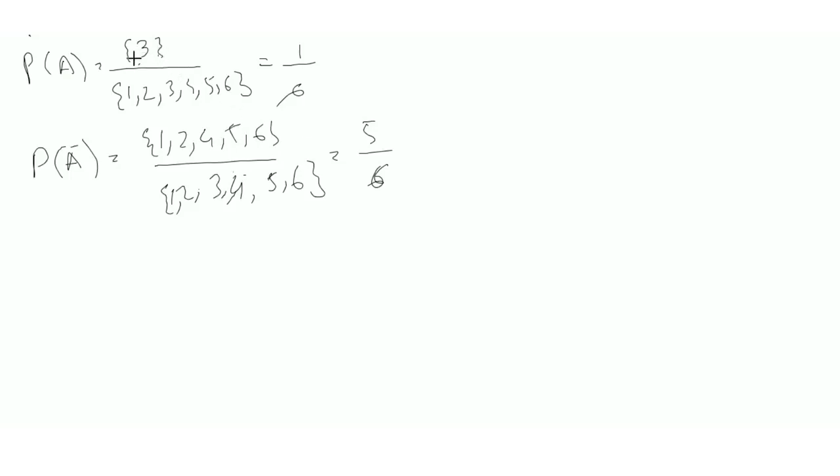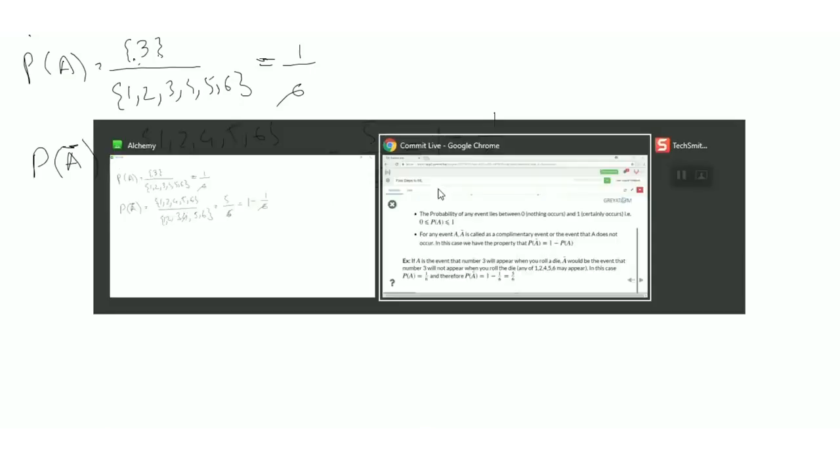In the earlier case, there was one favorable outcome, the outcome that we want to measure the probability of, and there are 6 total possible outcomes. So that's why the probability of A is 1 by 6 and the probability of A dash is 5 by 6, and you can see that this is equal to 1 minus 1 by 6. Fair enough.